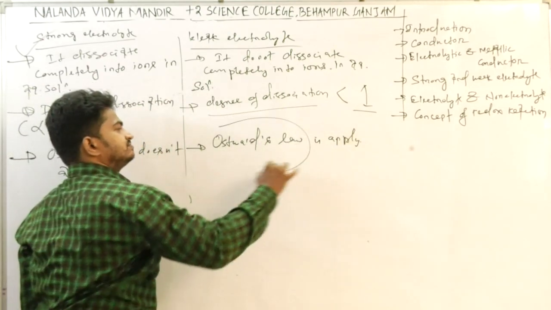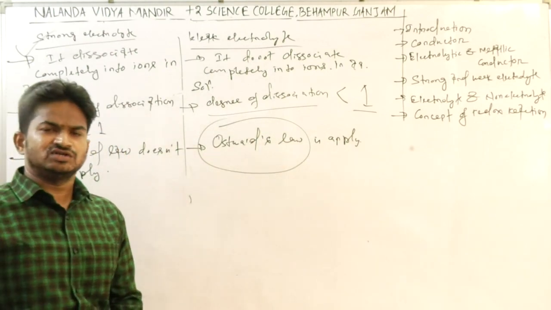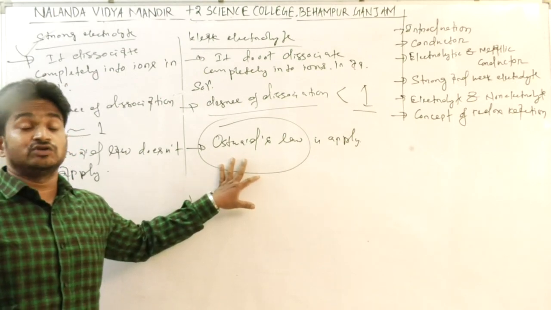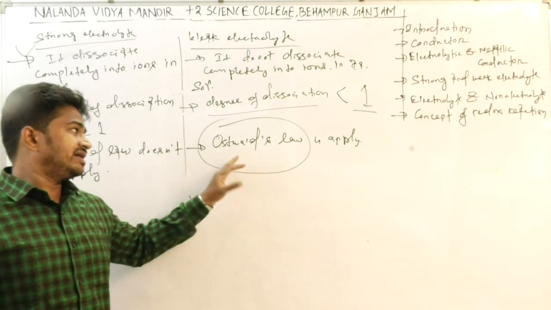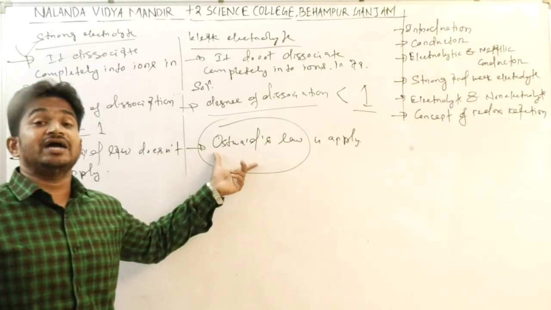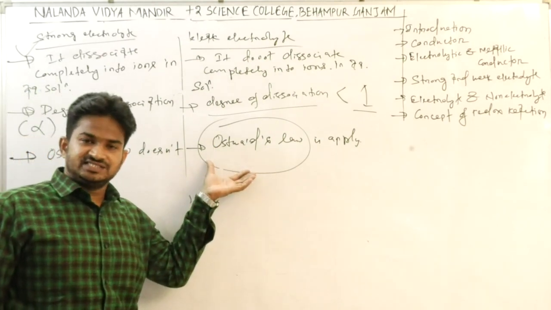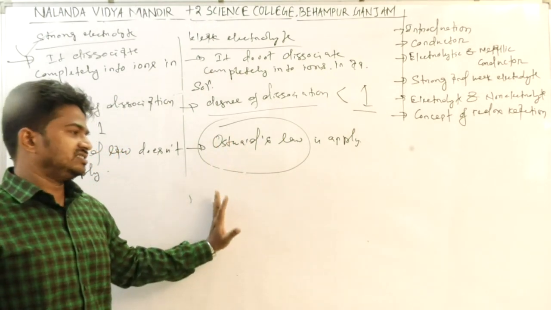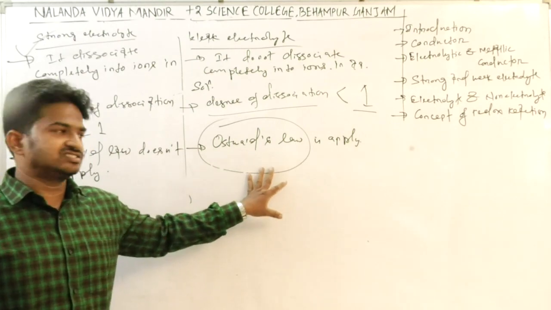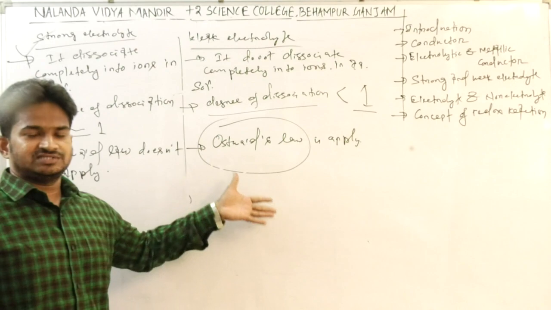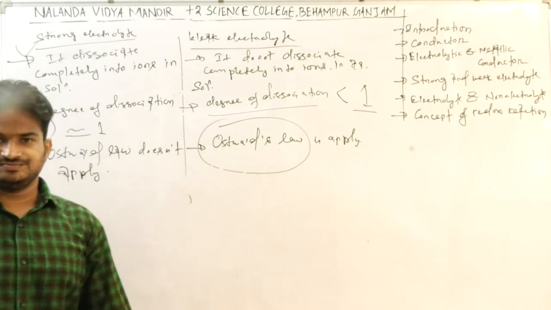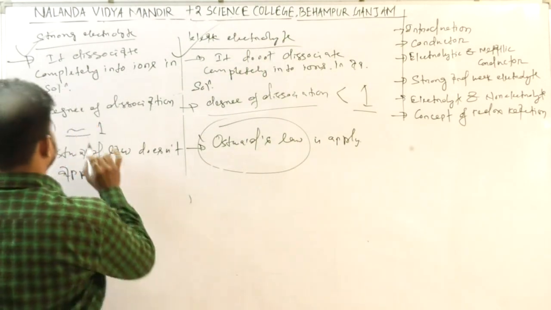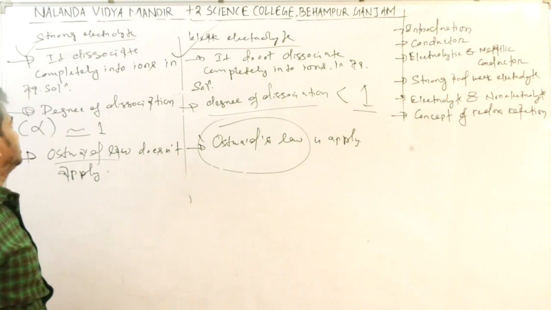What is Ostwald law? I think you have already learned this in the chemical equilibrium chapter from the 11th class, from ionic equilibrium. How a weak acid, that is acetic acid, dissociates, and by using the law of mass action we derive Ostwald's law. So for a weak electrolyte, Ostwald's law is applied, and for a strong electrolyte, it does not apply.